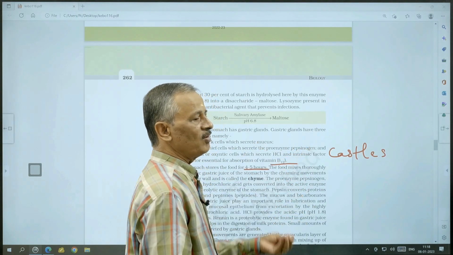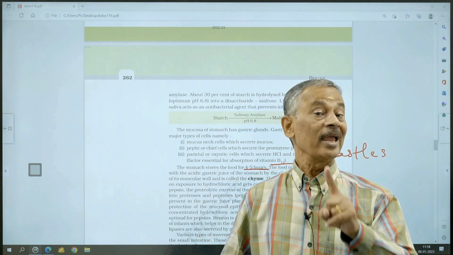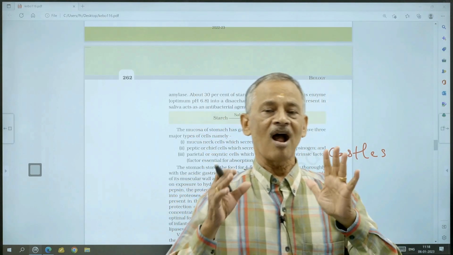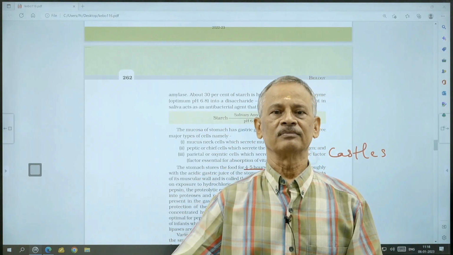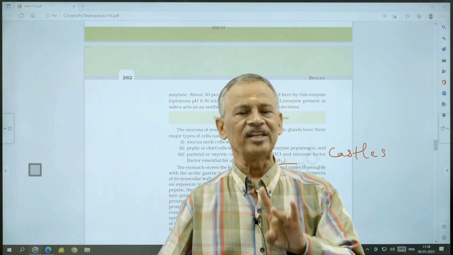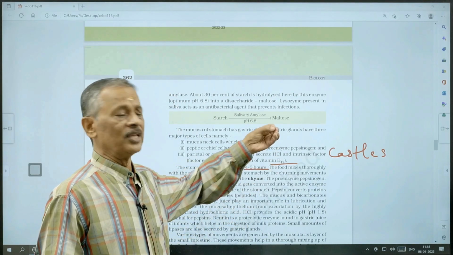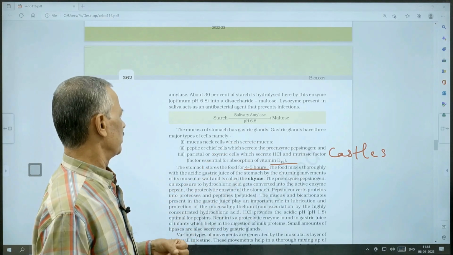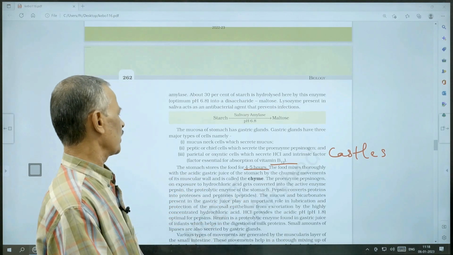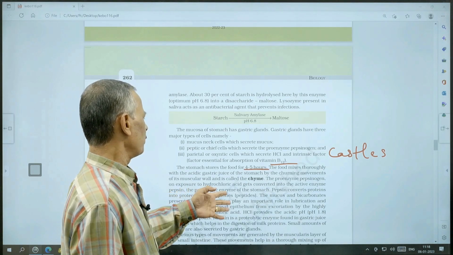Now, this pepsin acts on proteins, and for this action, it requires a highly acidic pH of 1.8. The HCl also provides the necessary pH. So pepsin acts on protein in acidic medium and forms smaller subunits of proteins, namely proteoses, peptones and peptides. Thus, large proteins are converted to small-sized ones.